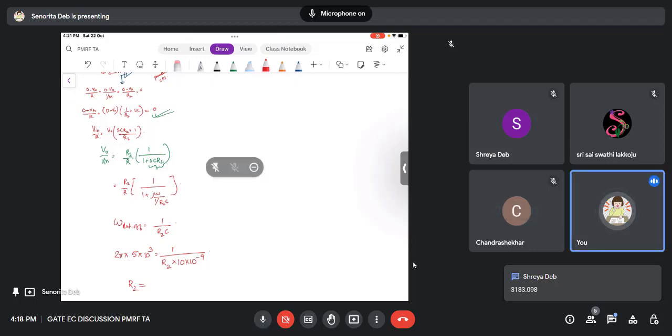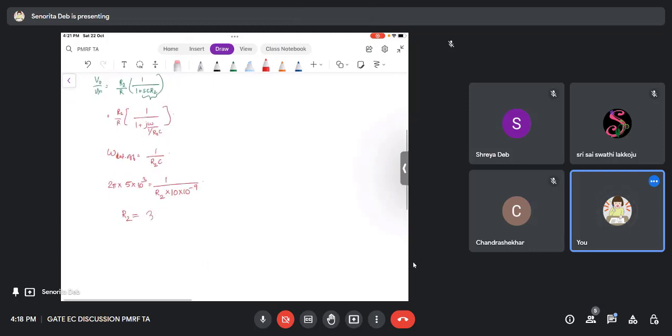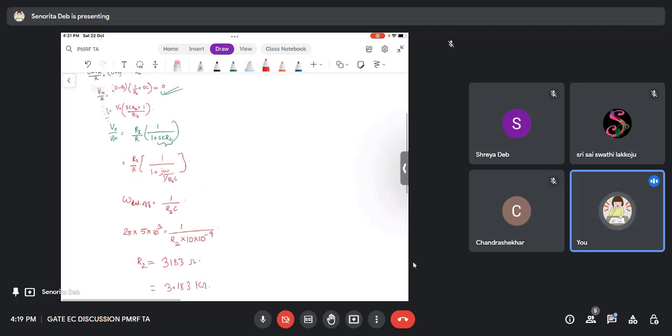Okay, so I have one answer. Chandrasekhar, what about you? Have you solved? So 3183 ohms is the correct answer. It is 3.183 kilo ohms. In the question, I think they had asked for the value of R2 in kilo ohms.